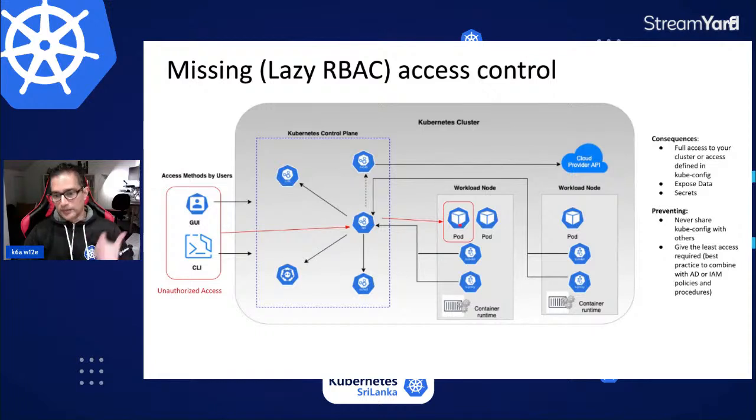So like I said in the previous slide, if you are going to allow multiple people access to the Kube API, never share the same kube config with others. At least start with the least access required. The best practice is also to combine with your Active Directory, which is called AD, or Identity and Access Management policies and procedures.